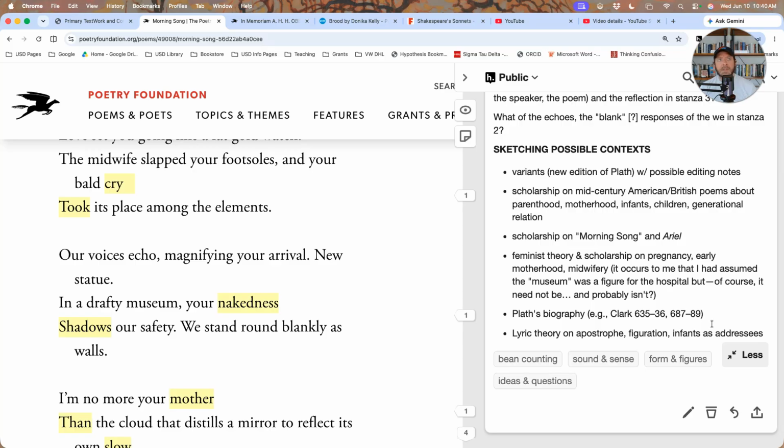Having an infant as an addressee of a lyric speaker is a particularly interesting arrangement because it's an auditor or an addressee who is shown to be responsive in the poem, but is not responsive to what the speaker is saying, or to the signification of the words and phrases in the poem.